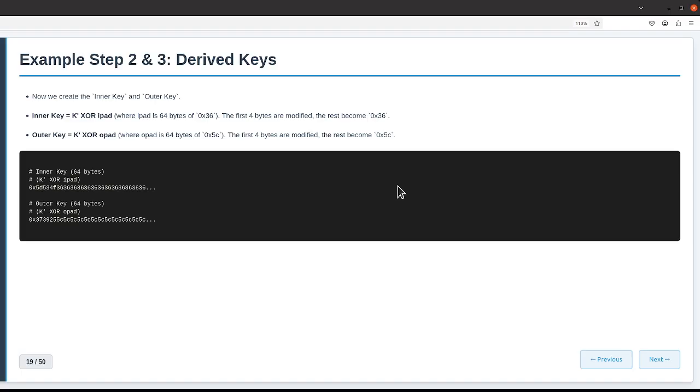This gives us our inner key. The OPAD is the byte 0x5c repeated 64 times. When we XOR k with OPAD, the first 4 bytes change differently, and the remaining 60 bytes are all 0x5c. This gives us our outer key. We now have 2 distinct 64-byte keys derived from our original secret.